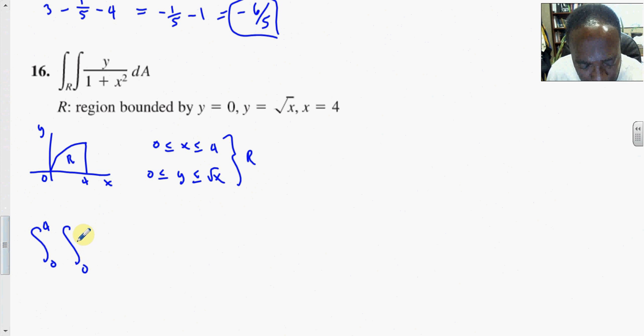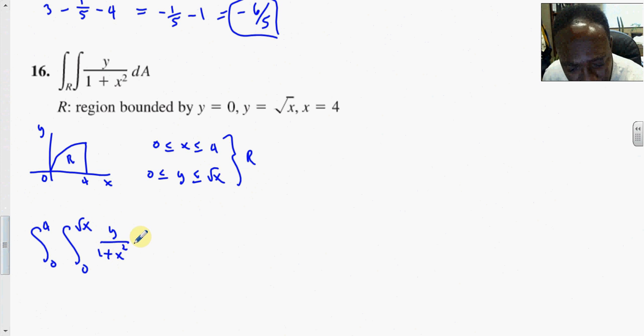The inner integral, you can have functions there, because they'll be wiped out by the evaluation of the numbers toward the end. So this is y over 1 plus x squared. This is dy, right? The dy goes with the limits from 0 to the square root of x, and then afterwards dx, because dx corresponds with the interval from 0 to 4.